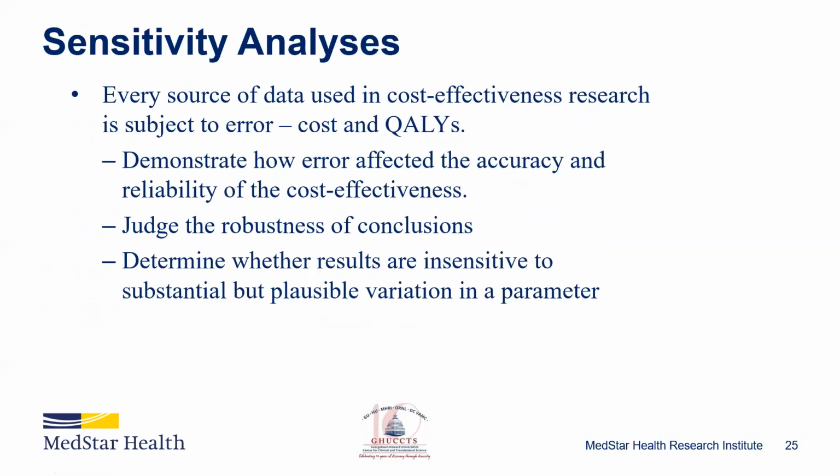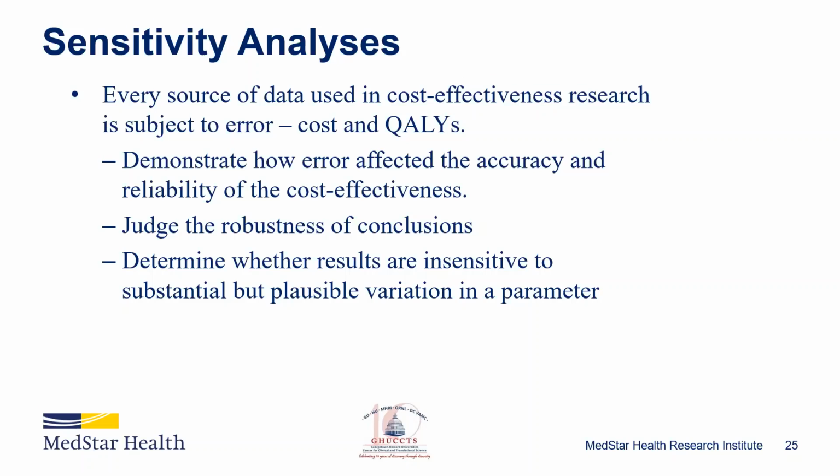Okay, so then once we calculate what our cost effectiveness outcome is, we need to do some sensitivity analyses, because as you saw from the previous slides on cost, as well as qualities, there's variability in these estimates of cost.